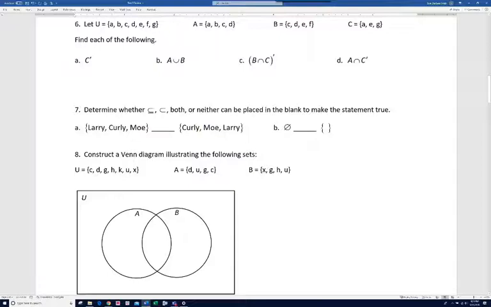Remember, the complement of C includes everything in the universal set that's not in set C. Well, set C has A, E, and G in it, and so everything else would be in C prime. So let's write that down. That would be B, C, D, and F.